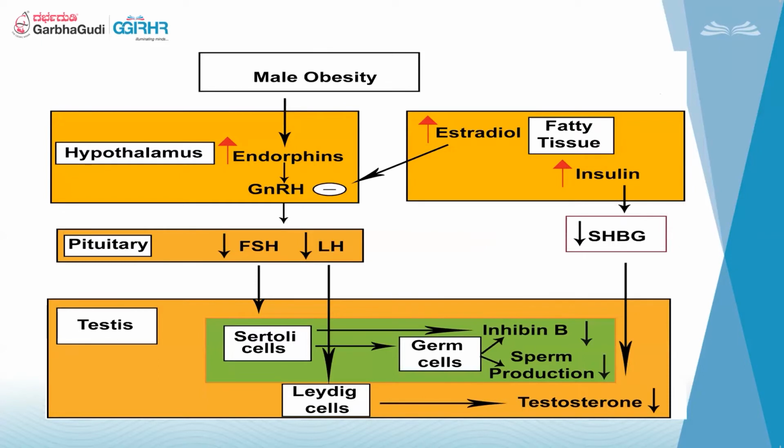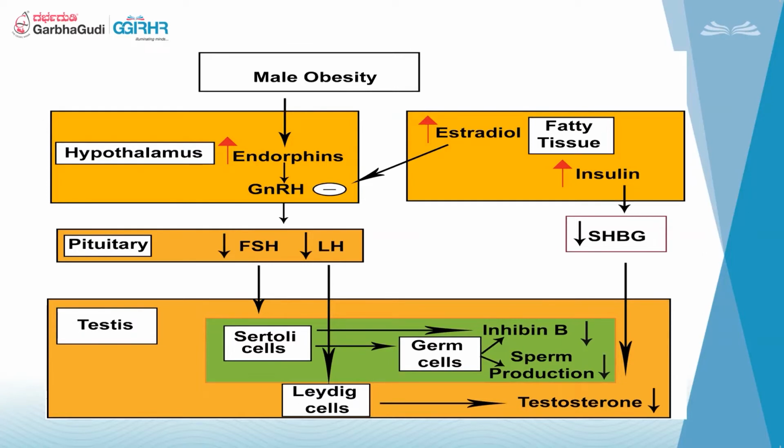In the fatty tissue, because of the excessive fat, there is hyperinsulinemia, which decreases the sex hormone binding globulin, and there is aromatase conversion of the excess testosterone to estradiol, and this estradiol will work on the hypothalamus and will decrease the GnRH secretion.